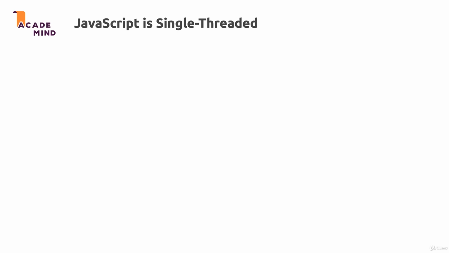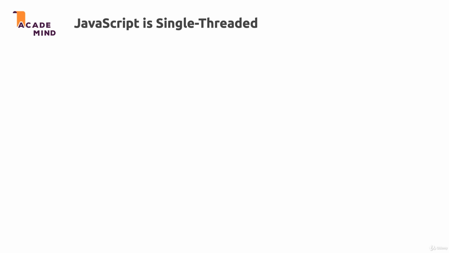Let's start by understanding synchronous code and how JavaScript works. You might remember that at the very beginning of the course I mentioned that JavaScript is single-threaded. Until now, that didn't really matter to us that much. But what single threading in the end means is that JavaScript can only execute one task at a time.